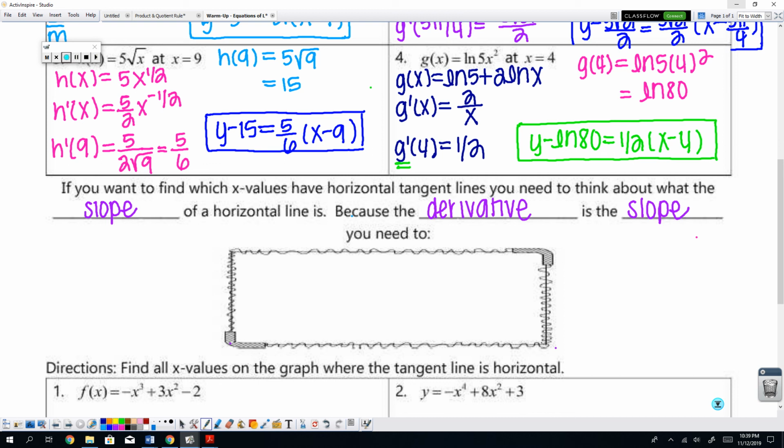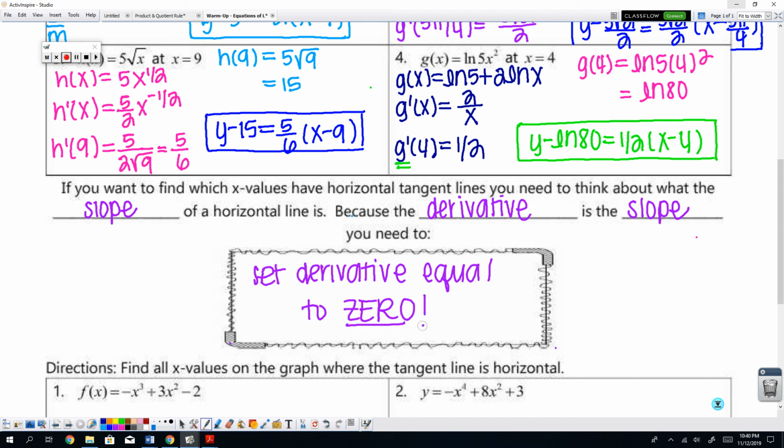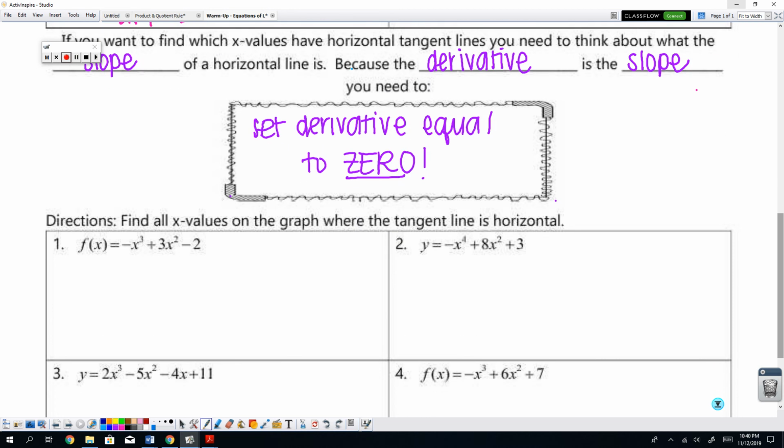So what you have to do is set your derivative equal to 0. Okay? Horizontal tangent line means set derivative equal to 0.